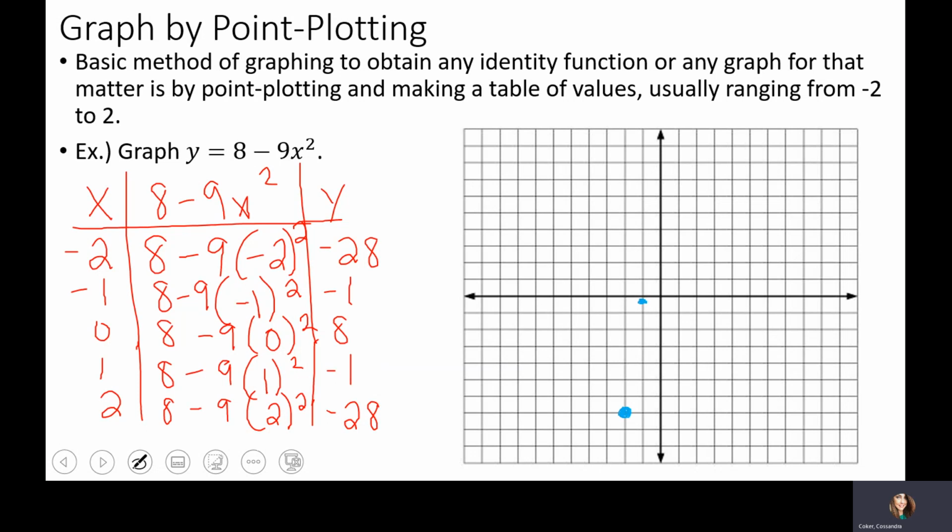And then we got 0, 8, which of course is your y-intercept. 0, 8 is going to be here. And then 1, -1, once again, very small.